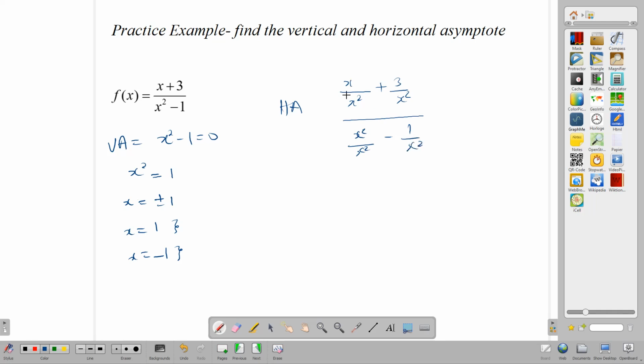This is just a formality. This leaves us with 1 over x plus 3 over x squared, over 1 minus 1 over x squared.